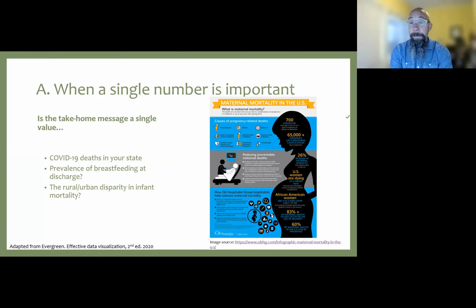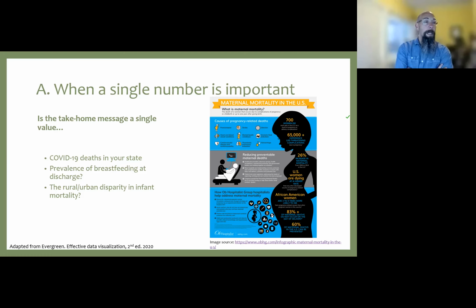So what if the message is 700 women die each year in the US as a result of pregnancy or delivery complications, or 65,000 women experience life-threatening complications, or 83% of maternal deaths do not occur on the day of delivery, right? So those are single numbers which communicate a lot, and they can be represented clearly, and we can convey important information to stakeholders about what's happening.